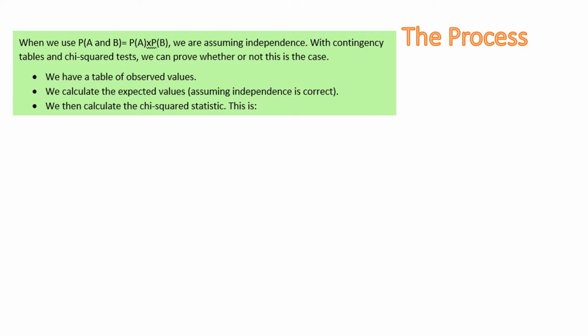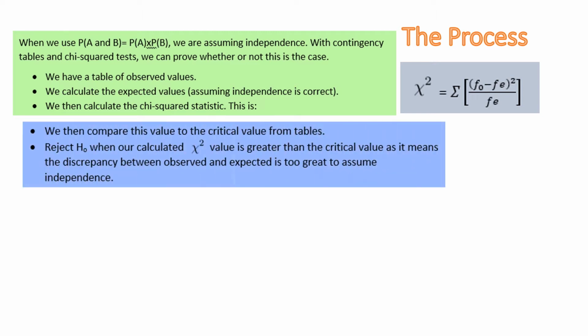Then we're going to calculate the expected values, assuming independence, so using this P of A and B equals P of A times the P of B. And then I'm going to work out the chi-squared statistic, which is the observed value minus the expected value, all squared, and we square it because obviously that would be negative otherwise. And then we divide it by the expected value. So it's a bit weighted towards the expected there. But that's how the chi-squared statistic works.